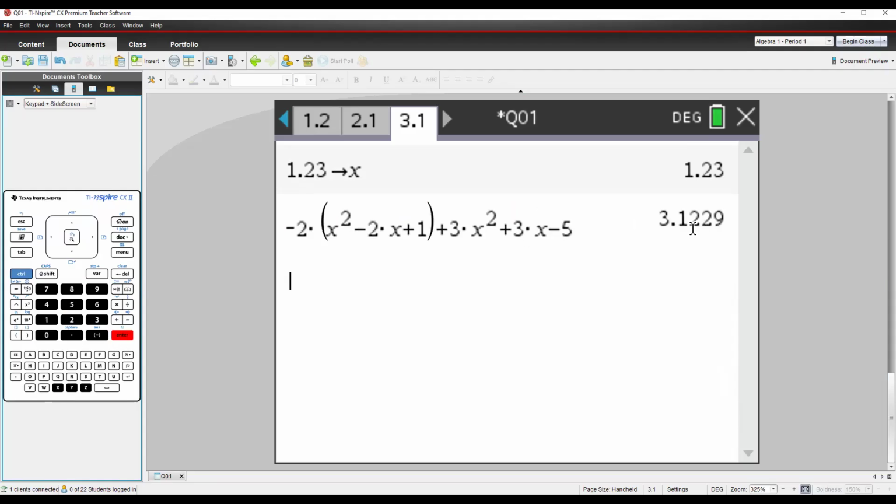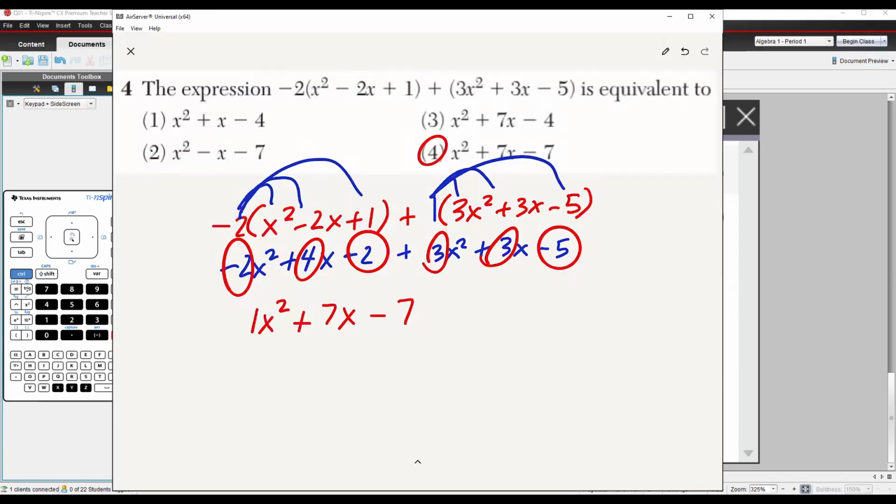Now, this is the output. The input was 1.23. The output is about 3.1229. But it doesn't matter what this number is. Whatever this number is, that's what you are going to write as your target. Now, when you key in all of these expressions, only one should give you this.